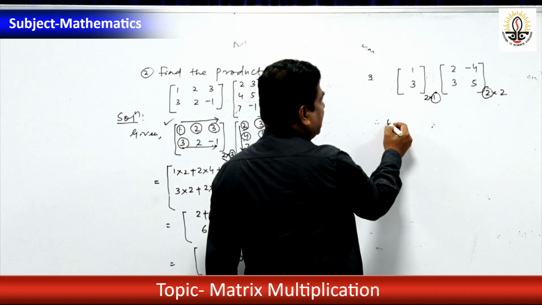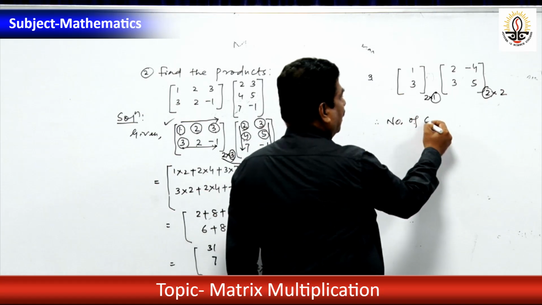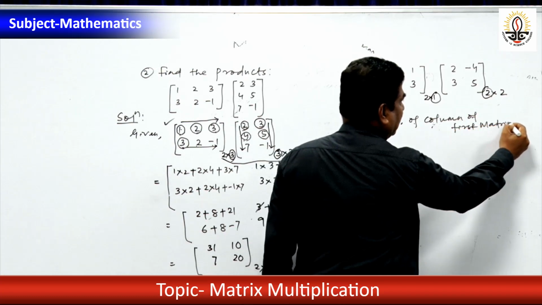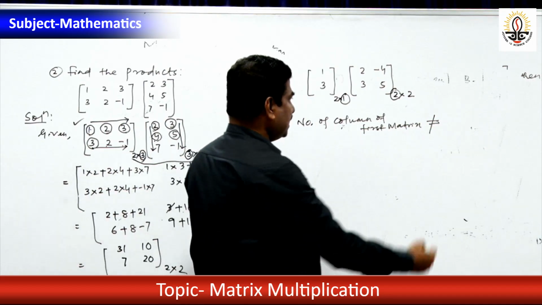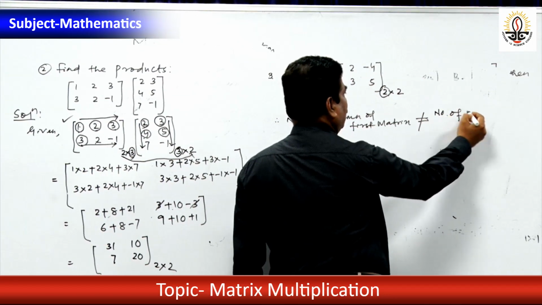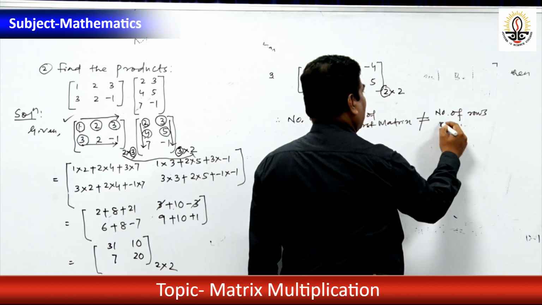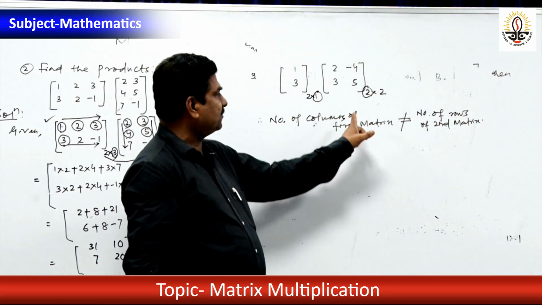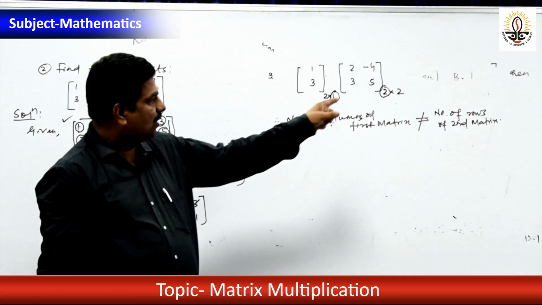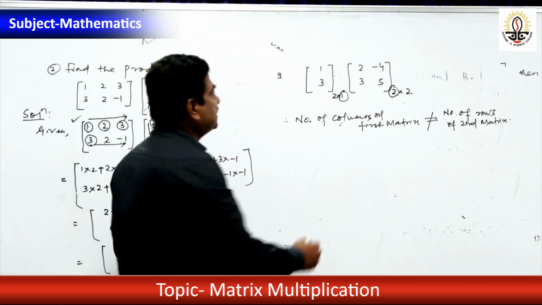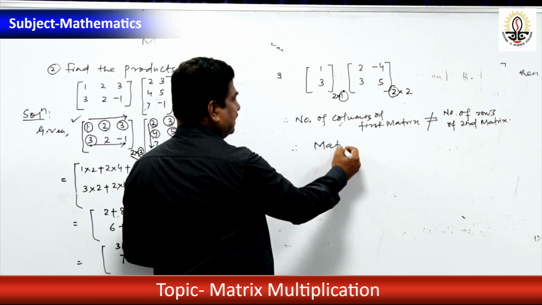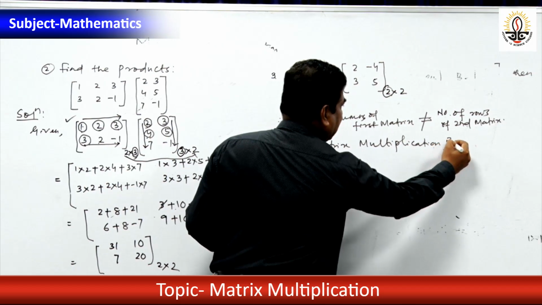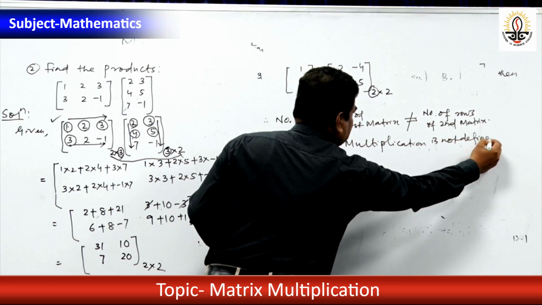That means here the number of columns of the first matrix is not equal to the number of rows of the second matrix. That means here matrix multiplication is not defined.